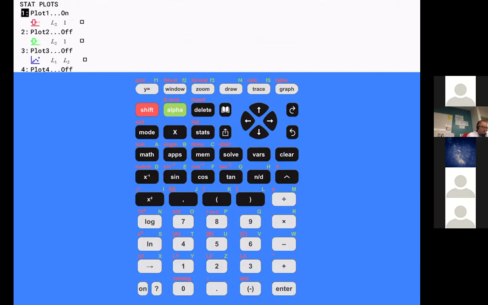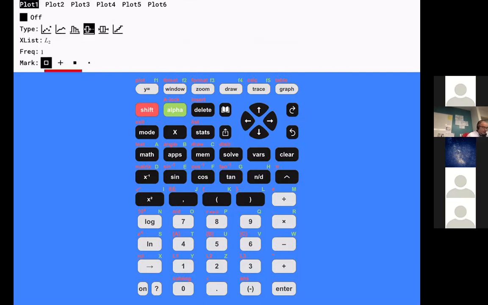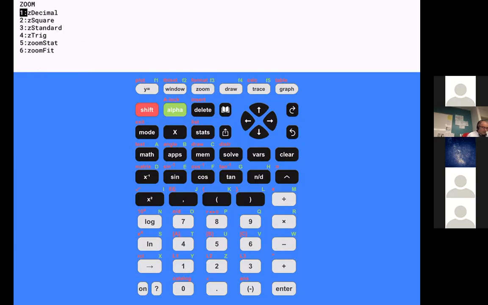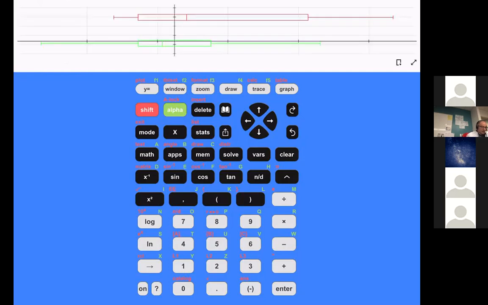So let's go plot these and see what we got. So plot number 1 is a box plot, except we'll steer it to L1. I can turn both plots on at the same time, so I have them graphed at the same time. That's a box plot pointed towards L2, so I'm ready to hit zoom and stat. And so there are my two box plots. Again, I've got that skewness to the right that is not looking very pretty, but we'll always take it.